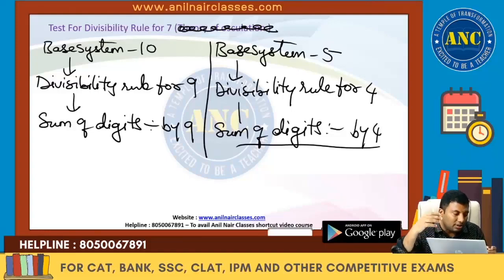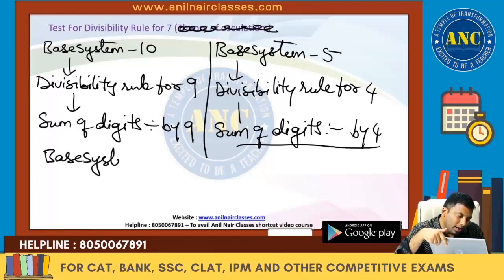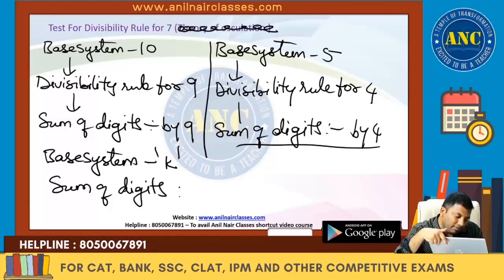What is the concept? In a base system K, sum of the digits should be divisible by k minus 1. Please make a note.